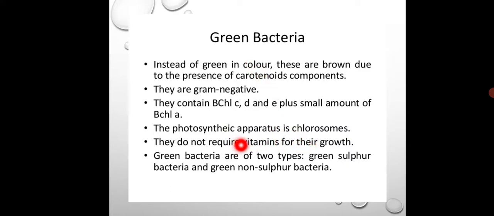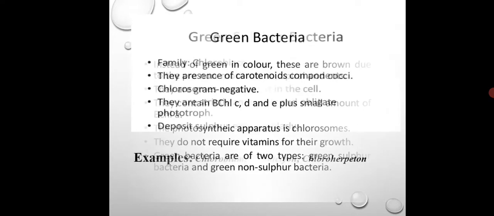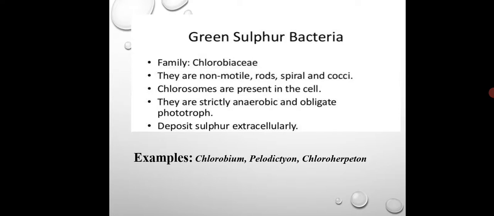They do not require any type of vitamins for their growth. And green bacteria are further divided into two types, like purple bacteria. In purple bacteria we saw purple sulfur bacteria and purple non-sulfur bacteria. Similarly, green bacteria are divided into green sulfur bacteria and green non-sulfur bacteria.